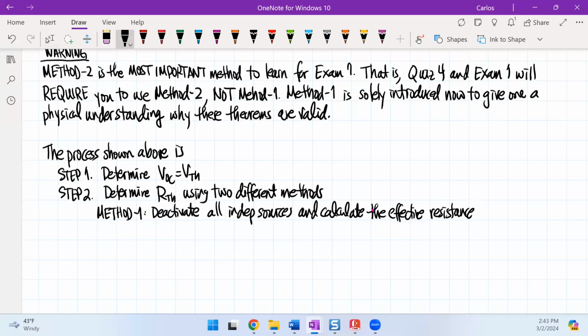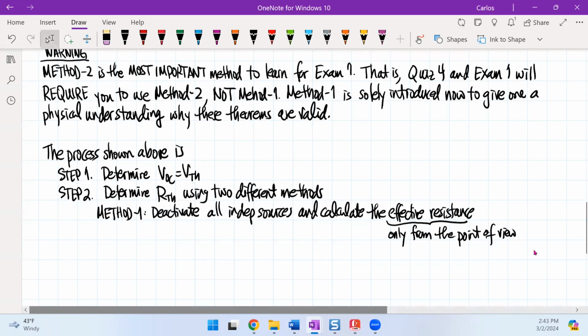And when I say the effective resistance, I should be careful: this is only from the point of view of the load.